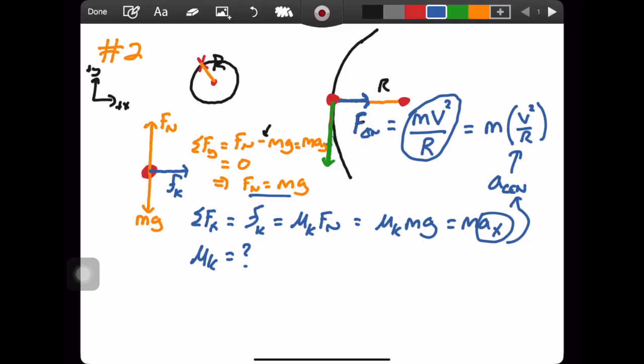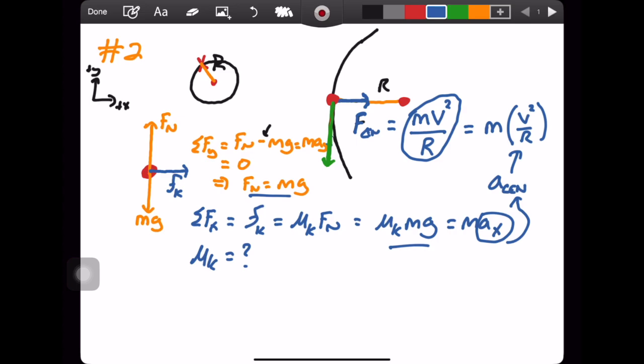So we can take our equations that we have in blue there, and we can rewrite them. More specifically, if I have the mu_k mg term and I want to isolate the mu_k, so this term right here, if I divide both sides by mg... actually, I thought of an even easier way to do this.